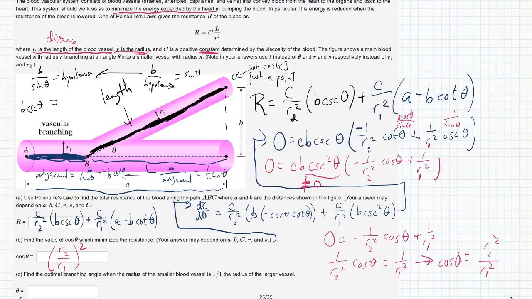So looking at that, I should check to make sure this is a minimum and not a maximum. That's not too bad. You go back to this equation, probably right here, so I'll mark this as a star. Notice if cosine theta is less than r2 squared over r1 squared, then the r2 squareds wouldn't quite cancel.